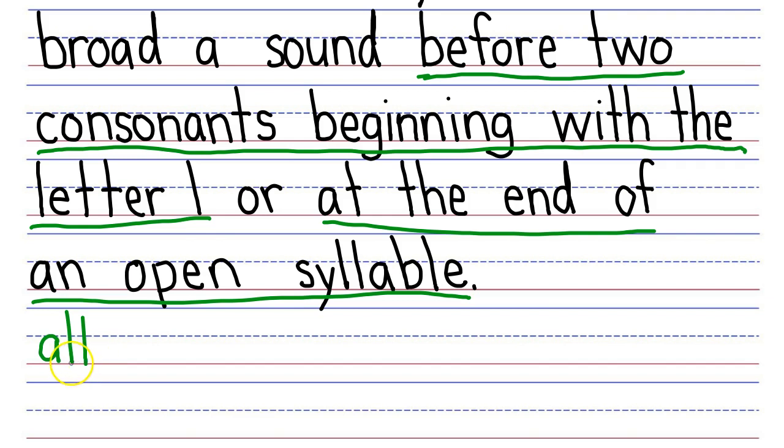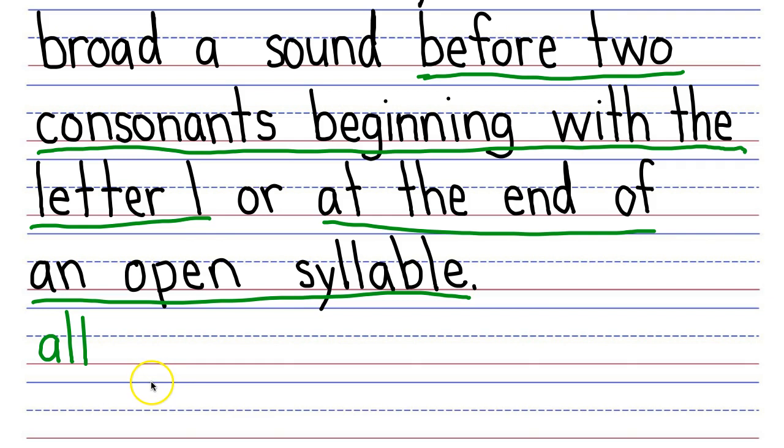There's two consonants, LL, and the A that comes before them is a broad A because it fits this general rule that the letter A can make a broad A sound before two consonants beginning with the letter L. And so these two consonants definitely begin with the letter L. They're both L's, in fact.